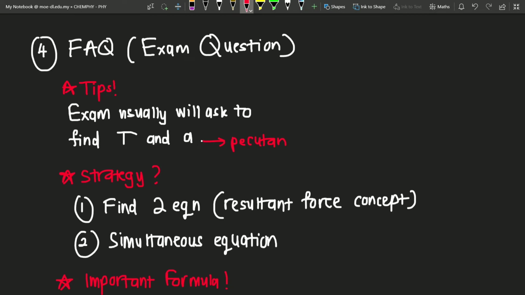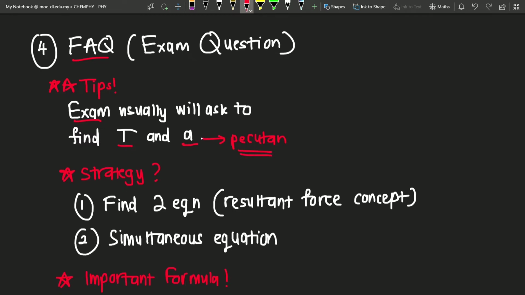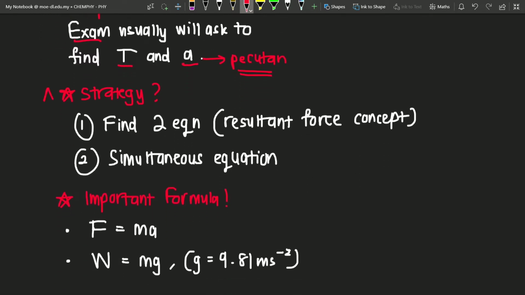And then our last thing to know is actually FAQ, frequently asked question. Macam mana dalam exam, soalan akan tanya berkaitan sistem takal. So, tips dekat sini, dalam exam, soalan selalu suruh kita cari T, tegangan tali, your tension of the rope, as well as your A, acceleration, pecutan objek yang bergerak. So, macam mana nak jawab soalan pulley system? You guys just follow this strategy.